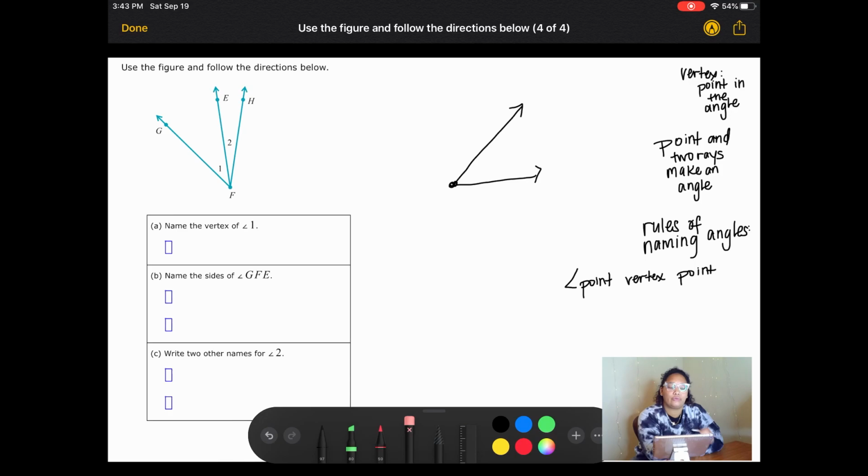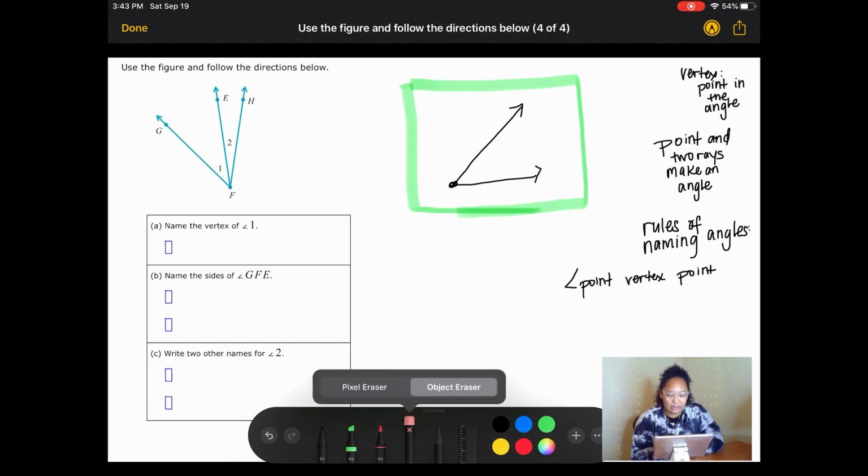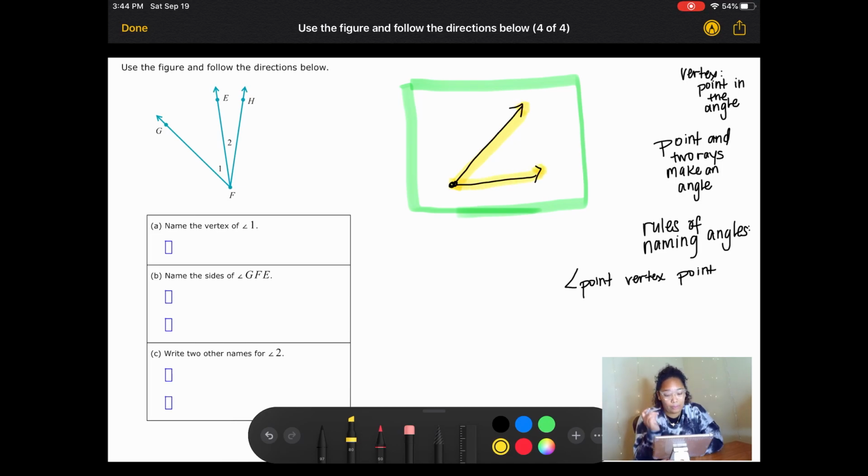So these are the rules of angles per se. So I want you to start over here. There are specific parts to an angle that I need you guys to know. And once you understand this, it sort of makes sense. So I have an angle, and it sort of looks like two lines, chunk of a line with a middle part.